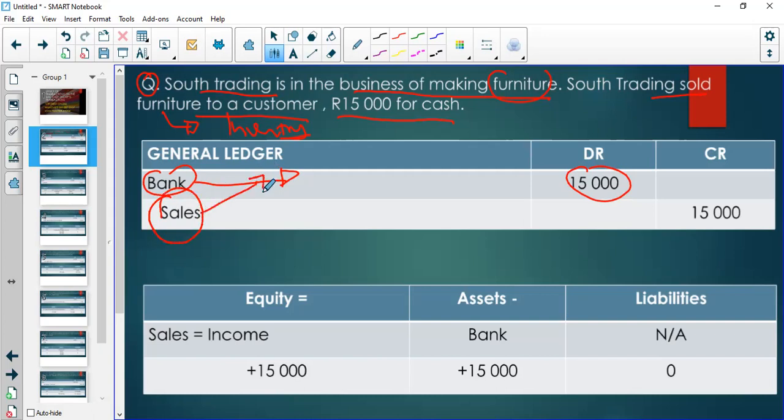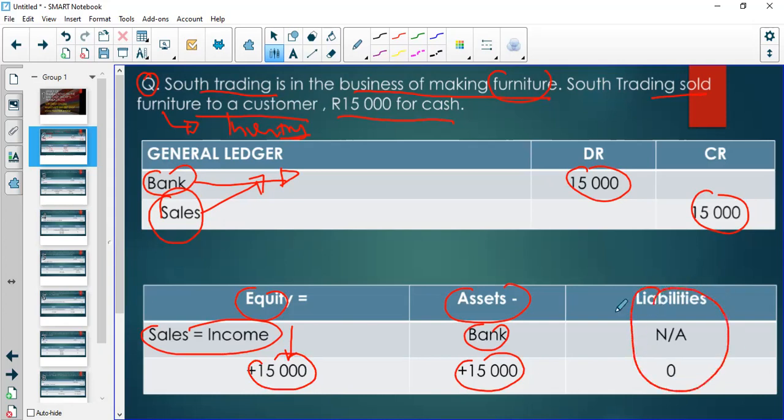And it's very easy now because in cash transactions, our assets are always going to increase by the bank amount. But because sales falls under income, income is increased by 15,000. And here we don't owe anybody anything. So I think that is relatively straightforward.